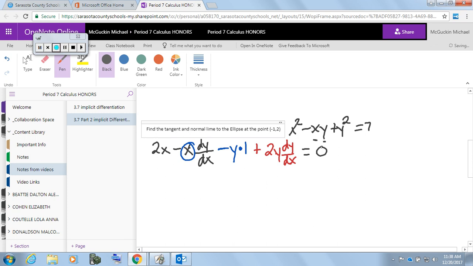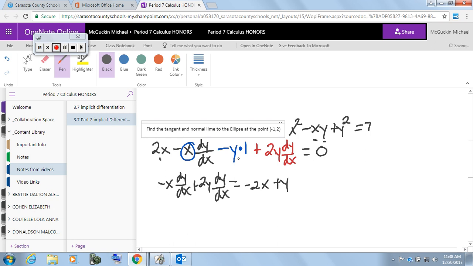And so now, we just want to get dy/dx on one side together. So we have negative x dy/dx plus 2y dy/dx is equal to negative 2x, and then I'm adding the y over as well.